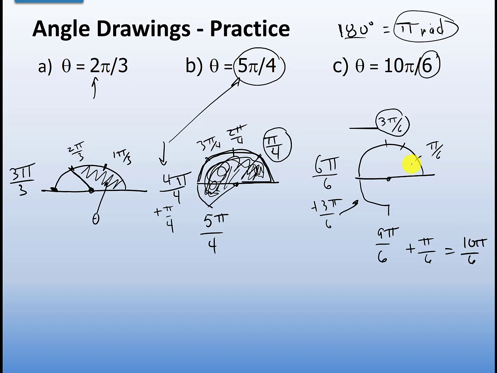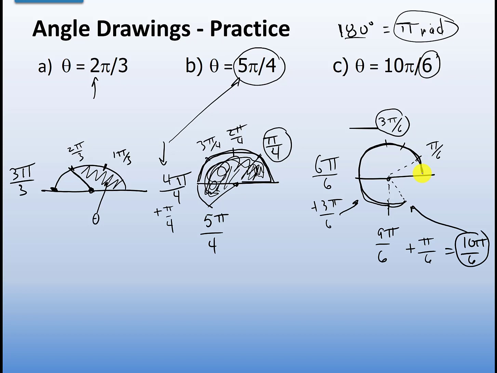So this is the size of it right here. So I'm going to add that little piece right here, and that will get me to my angle of 10 pi sixths. So that drawing there is a drawing of an angle that is approximately 10 pi sixths.